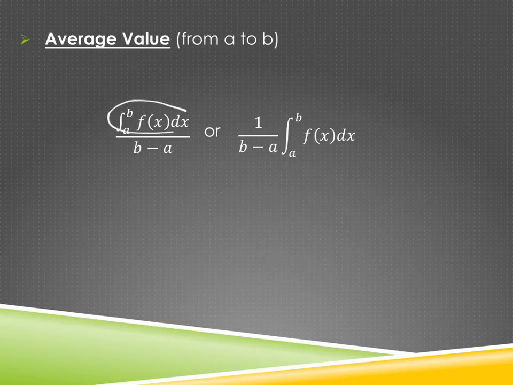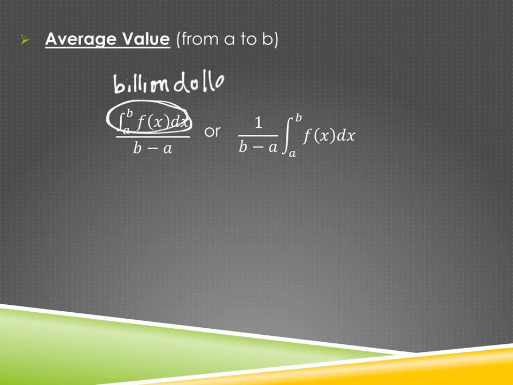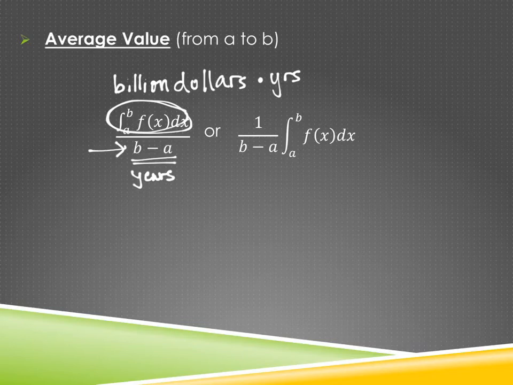Okay. But take a look at what we're actually doing over here in this definition. This piece right here, from what we just found, gives me, in our problem, $1 billion times years. Agreed? But what are we dividing by in our problem? Years. 11 to 0, right? This was in years. So we've got $1 billion times years divided by years. So what happens?